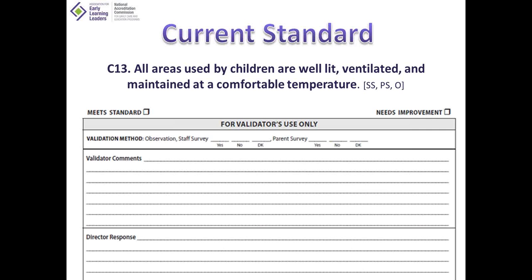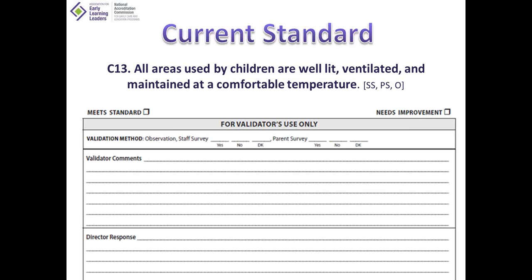But as you can see, and I'm just going to point out a few indicators, many of the things the program is already doing, but one of the intents is to help educate our programs to ensure what is the correct temperature to be maintained rather than it saying comfortable. So we have a draft-free temperature of 68 to 75 during the winter months and a draft-free temperature of 74 to 82 maintained during the summer months.